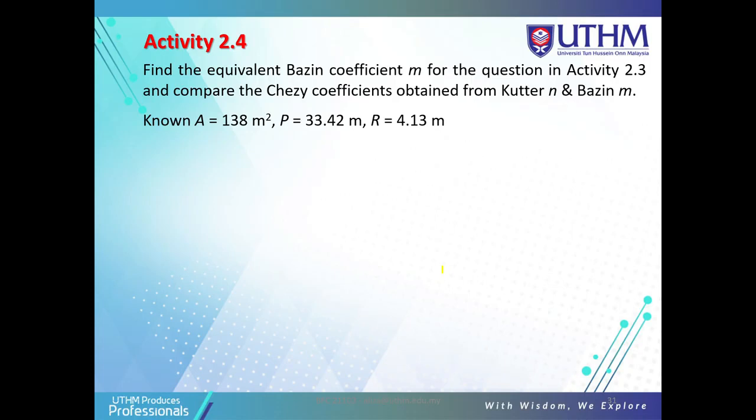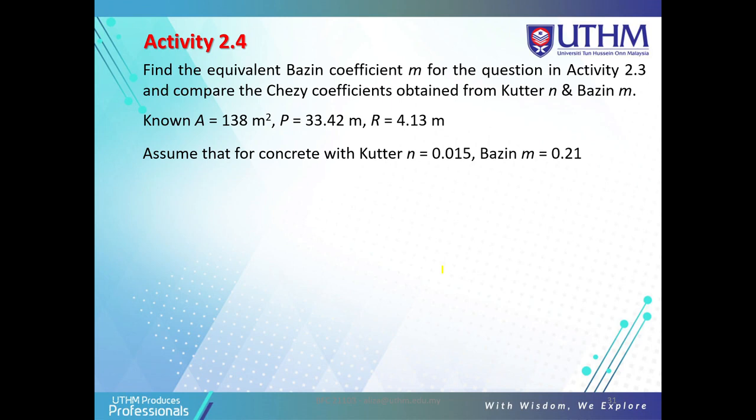Use the same question as activity 2.3. Find the equivalent Bazin coefficient M for the question in activity 2.3 and compare the Chezy equation obtained from Kutter N and Bazin M. Assume the channel is concrete, with Kutter roughness N of 0.015, referring to the table for roughness, and Bazin M is 0.21.